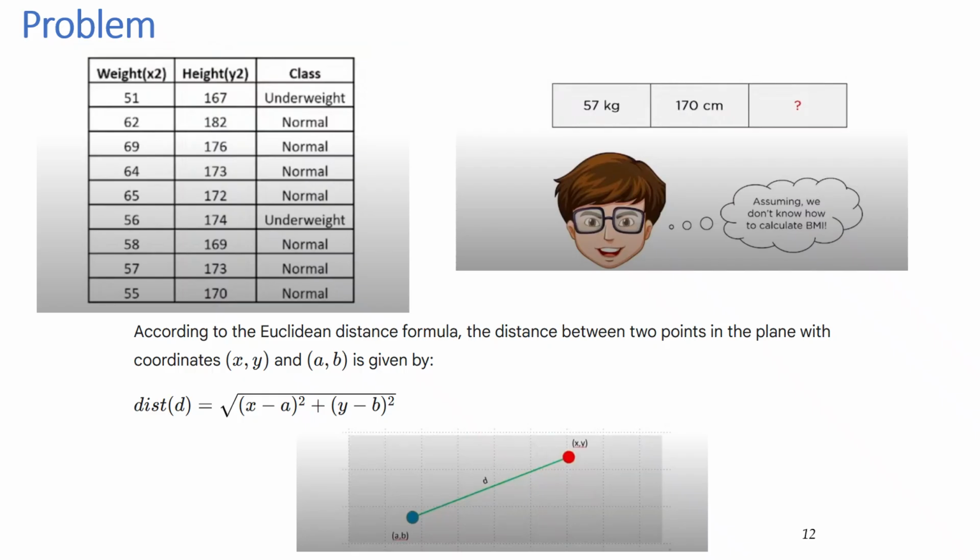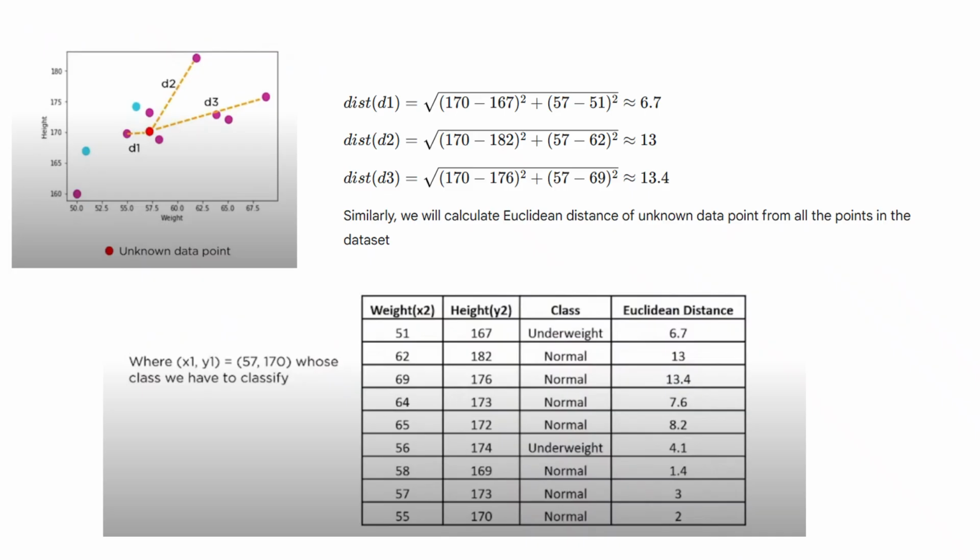So the new data point 57 kg, that we are going to connect with weight 51, the first data set. Then we will be finding the distance. Likewise, we will be finding for our data set. So this is for height, this is for weight. So by using the formula, we have calculated the distance for all given data points, and we have mentioned the Euclidean distance, because two features we are having.